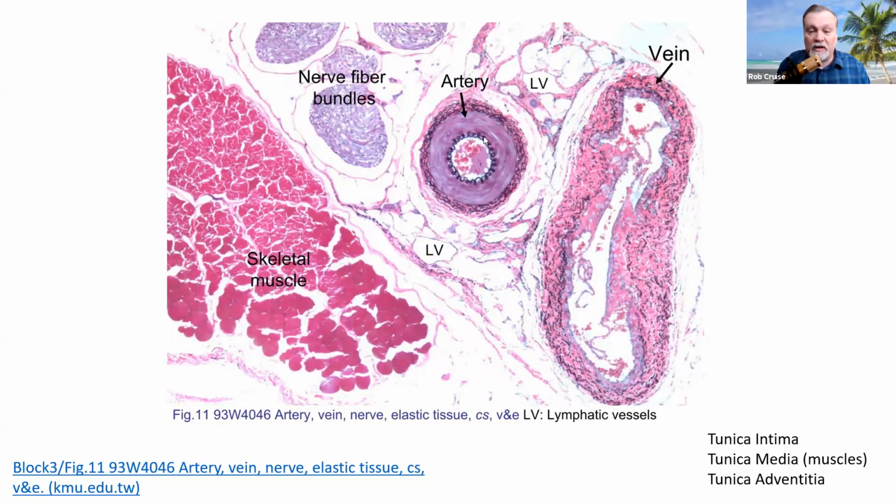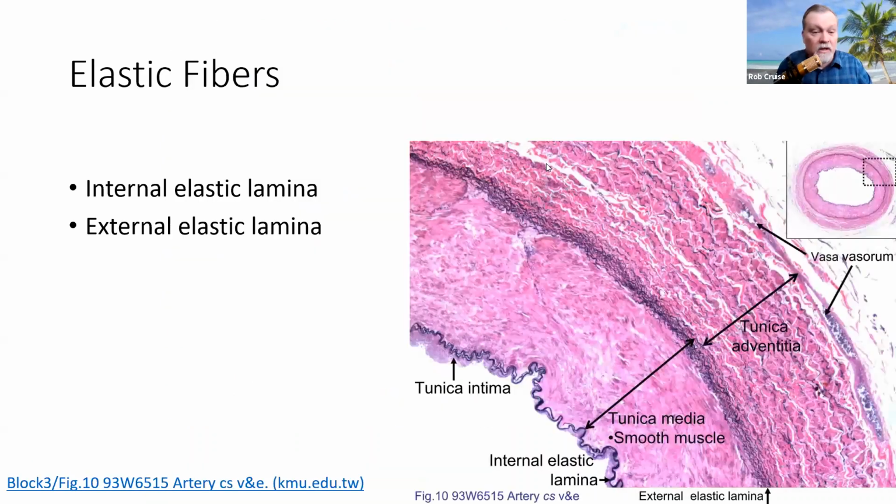Then it has the intima, the media, and the adventitia. So those are the three layers. A vein will also have those three layers, plus they'll have valves, especially the vessels below the heart, to help move those blood cells back up to the heart to be circulated again. All right, so there is our normal anatomy.